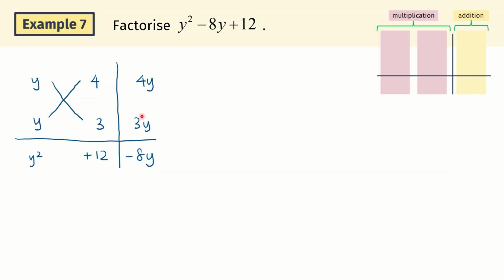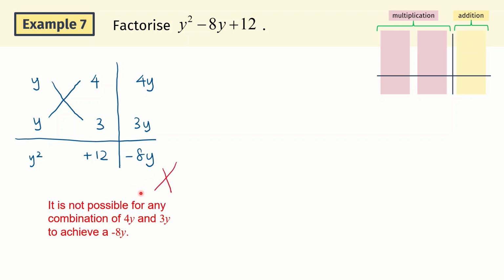Is there a way for us to put in negative signs and positive signs to ever get negative 8y? I hope you can tell me that the answer is no. It is not possible for any combination of 4y and 3y to achieve a negative 8y.